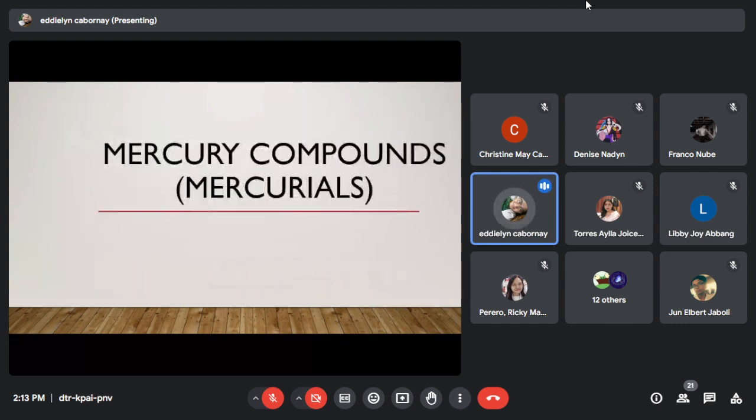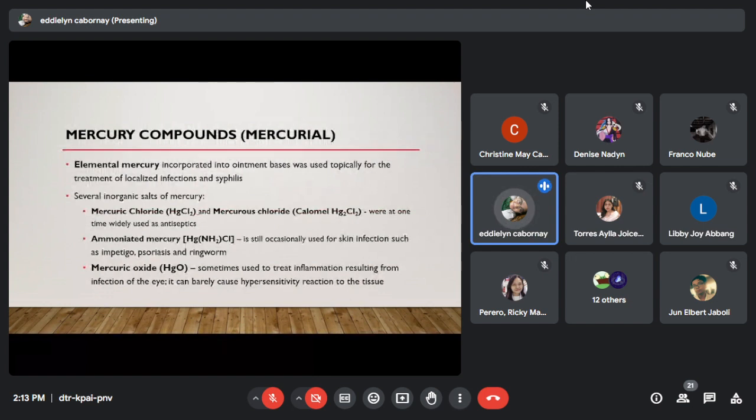So we have mercury compounds, or mercurials. Elemental mercury is incorporated into ointment bases that were used topically for the treatment of localized infections and syphilis. We have different inorganic salts of mercury. We have mercuric chloride and mercurous chloride, which are used as antiseptics.